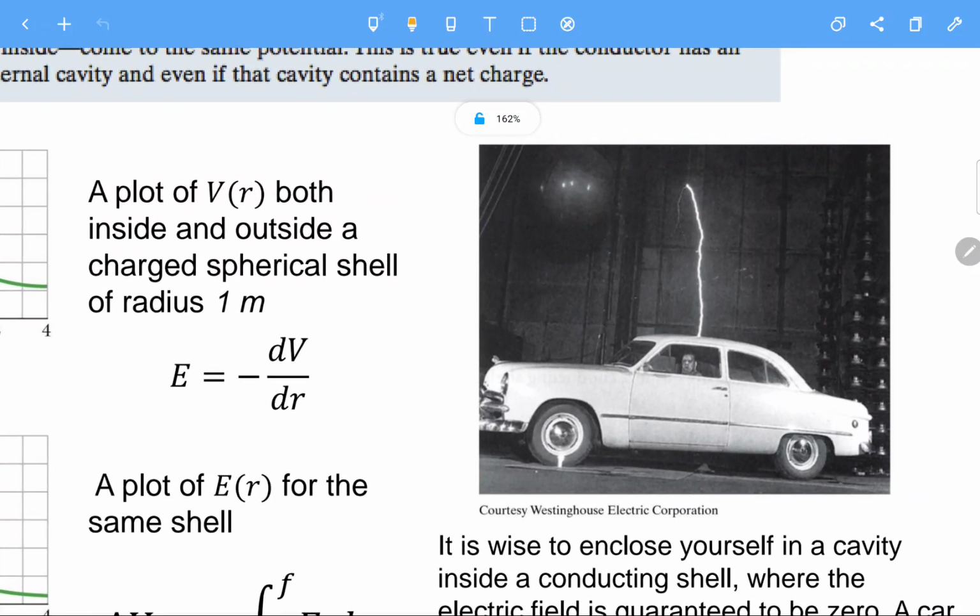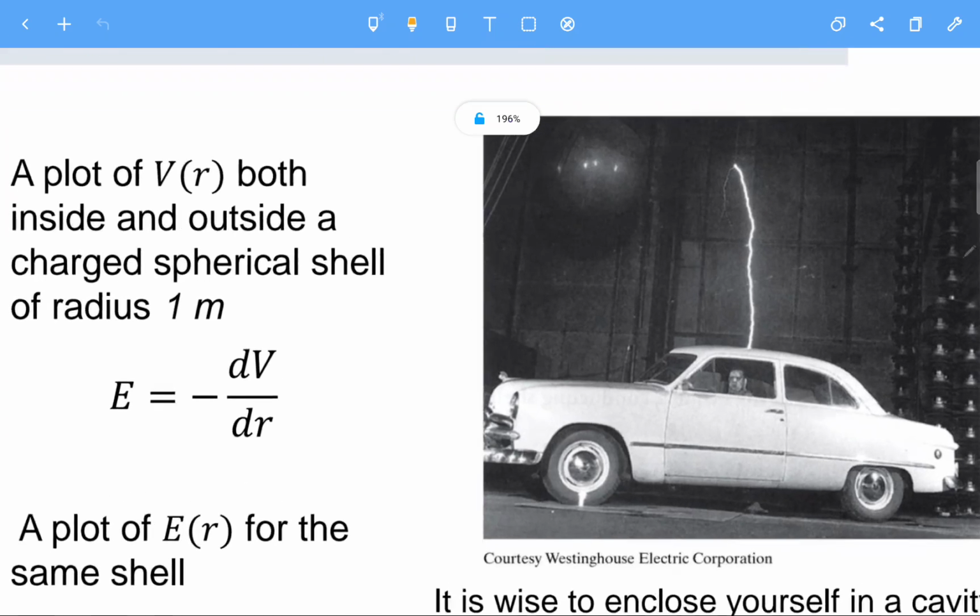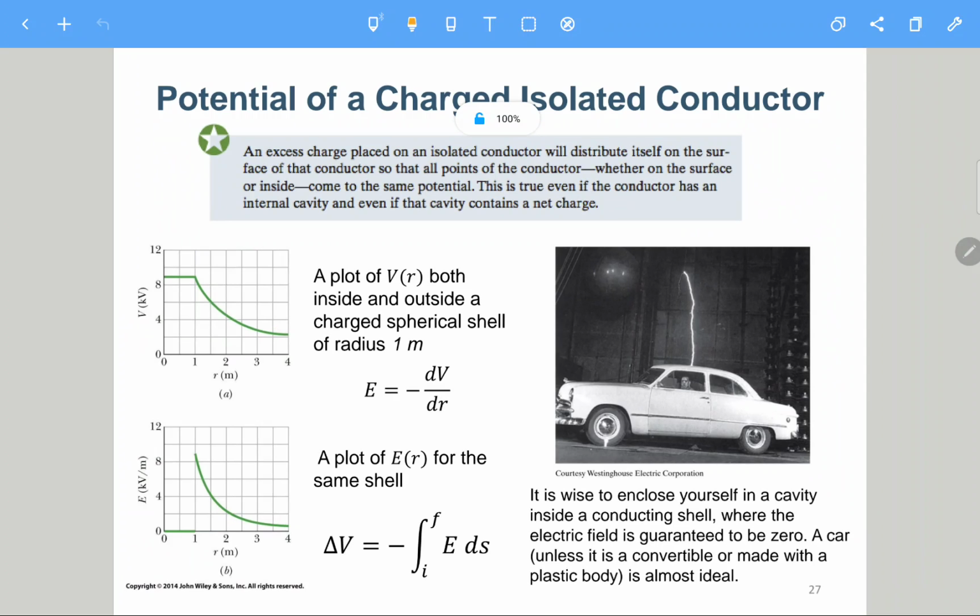And actually, this guy is safe because the car is a conductor, which means that the whole car shares the same potential. Suppose the guy is standing there, and suppose there is a lightning hitting it, then there will be a large current going through it, then of course this guy will die.